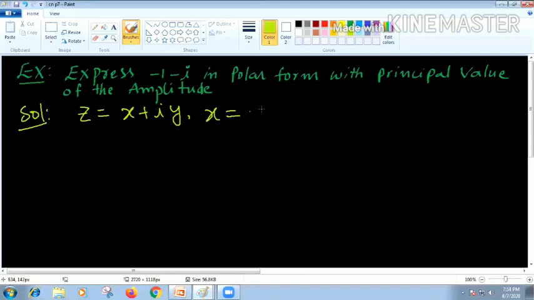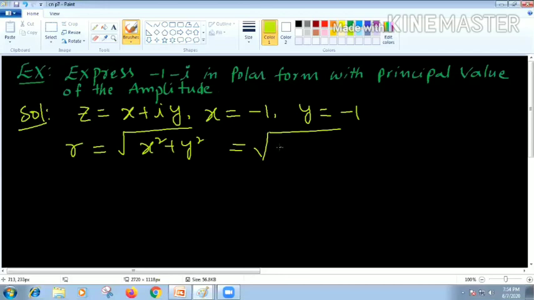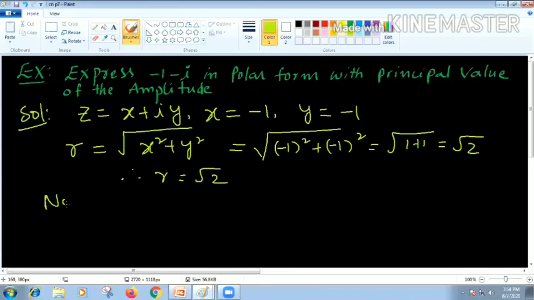In this case, x value is minus 1 and y value is also minus 1, and r will be under root x square plus y square, that is under root minus 1 square plus minus 1 square, which is 1 plus 1. So r value is root 2.